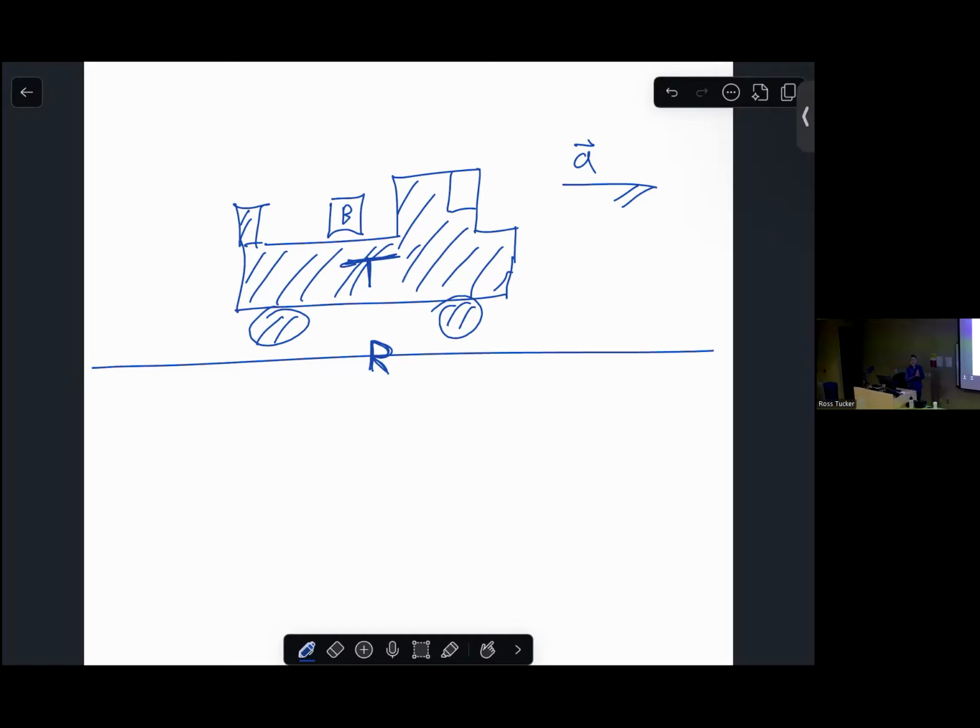Okay, so truck drives, cardboard box is not secured, is not belted down, and there's some possibility of sliding going on. I challenge you to tell me this. The car guns it underneath the box. Which direction does friction push on the box? Right or left?